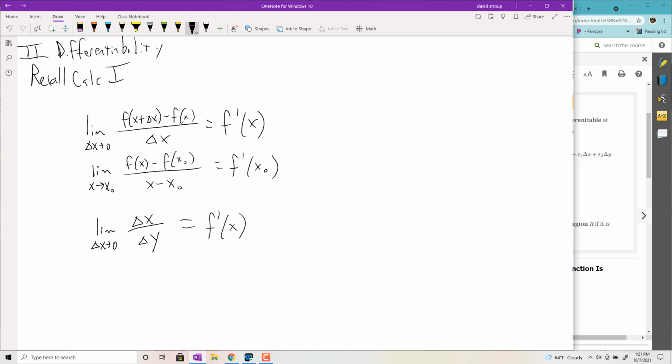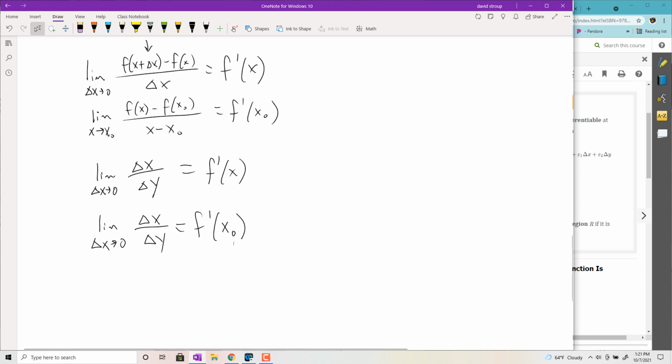And we can do that at a point, we just put x sub 0 in there. So we could also think of this as figuring out the derivative at a point, if you plug x sub 0 in for x into the difference quotient up here, you get f prime of x sub 0. These are all equivalent ways of saying the derivative.